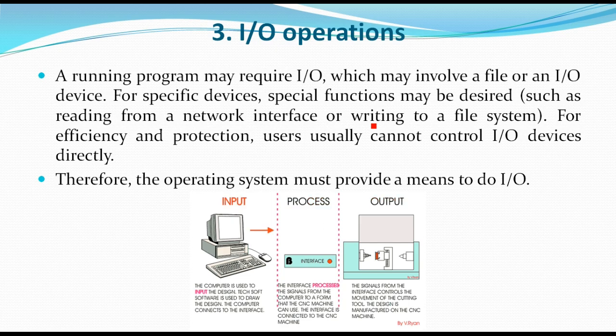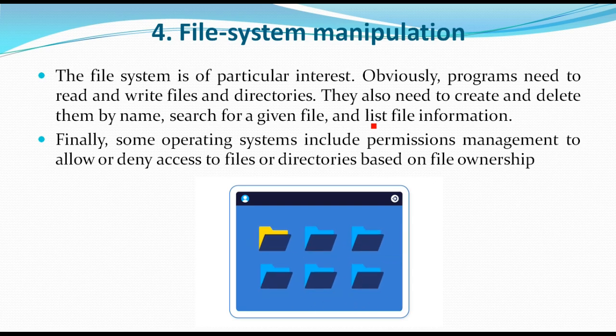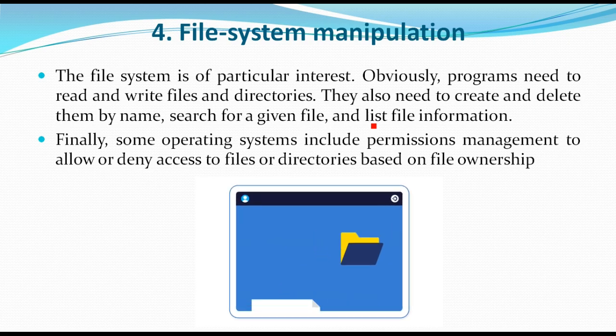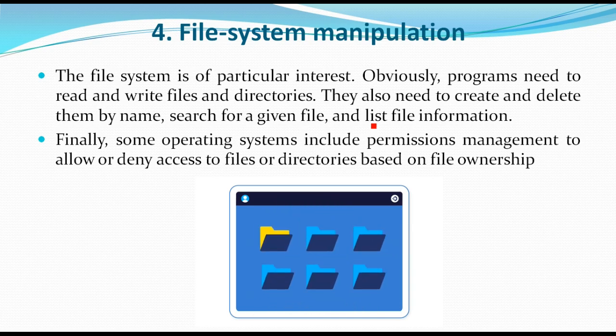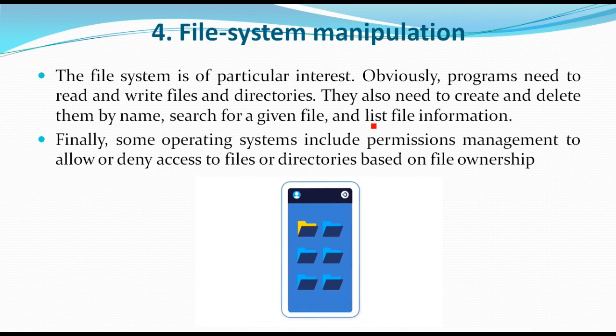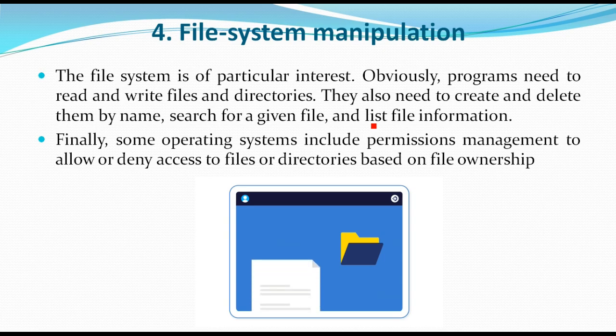The fourth service of the operating system is file system manipulation. In file system manipulation, the file system is of particular interest. Obviously, programs need to read and write files and directories. Any program which enters the CPU requires IO operations, and that IO operation can be performed by the device or the file.